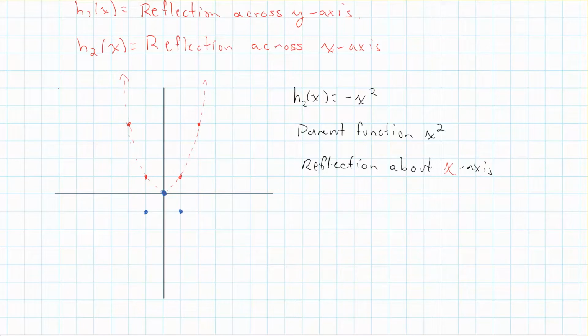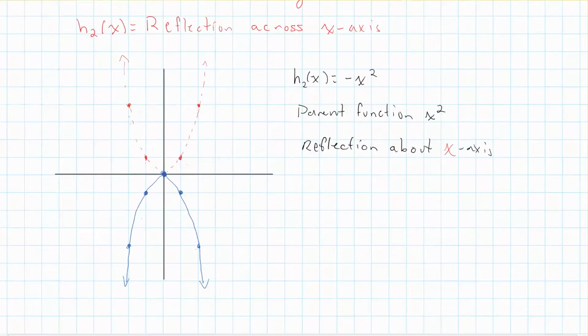So the x values aren't changing, and this would go down to here, and then down to here, and then we would just sketch the graph. And so that would be the reflection about the x-axis.